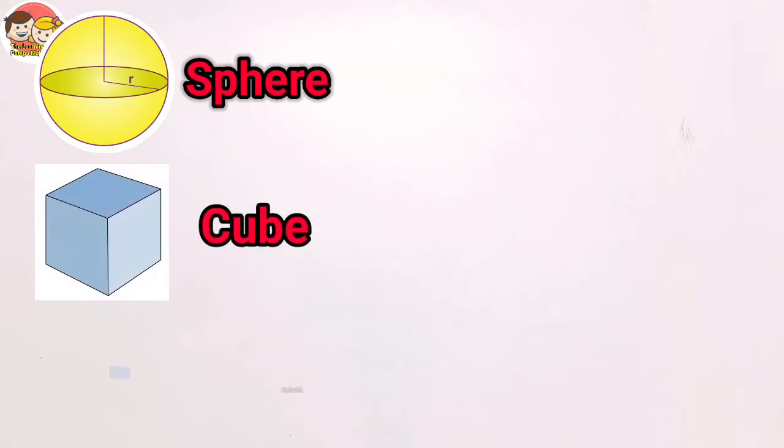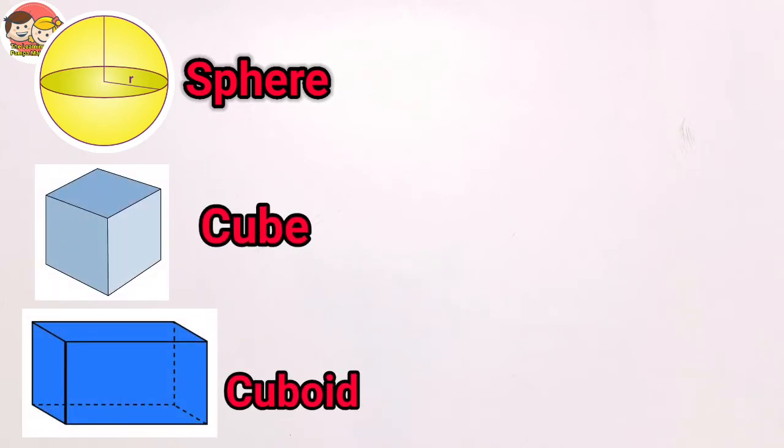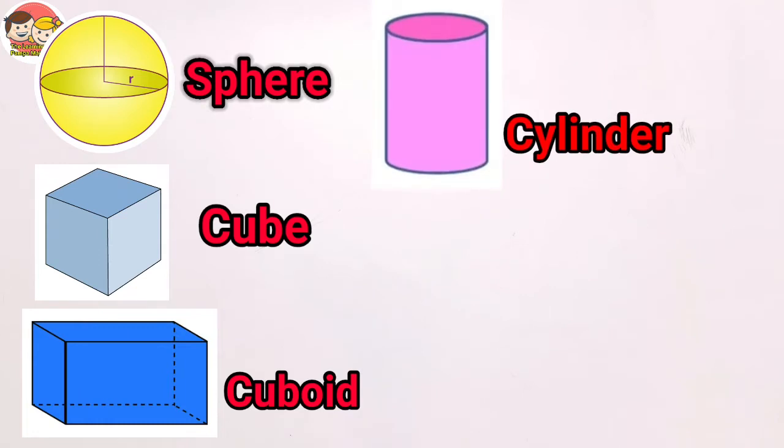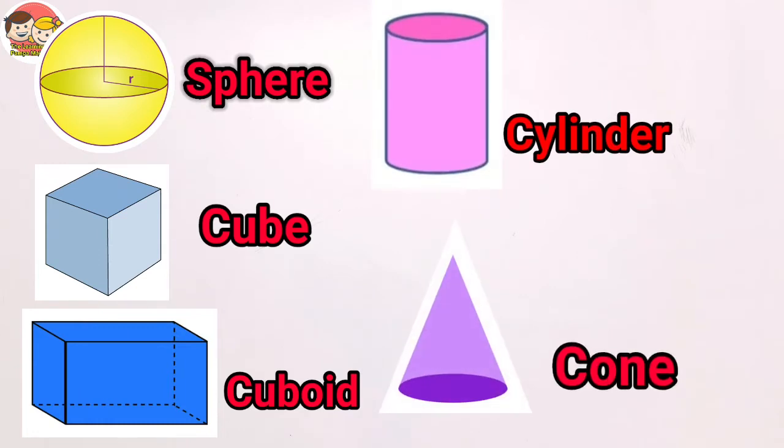Some common 3D shapes are sphere, cube, cuboid, cylinder, and cone. These all are solid shapes.